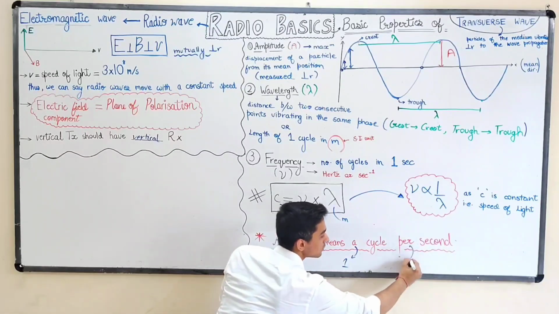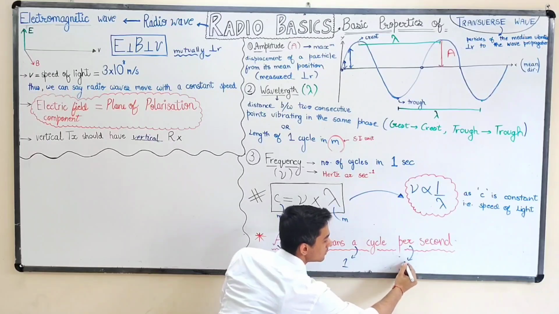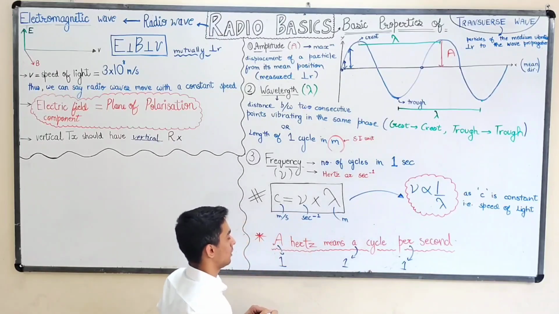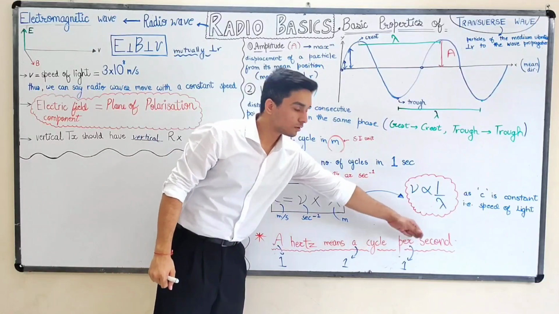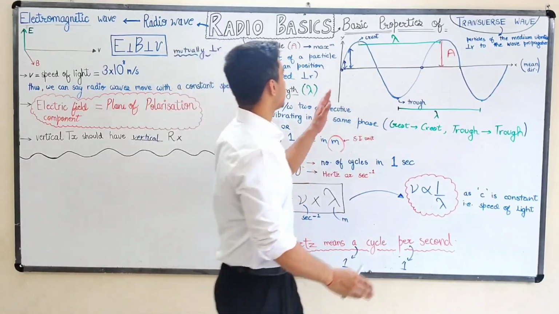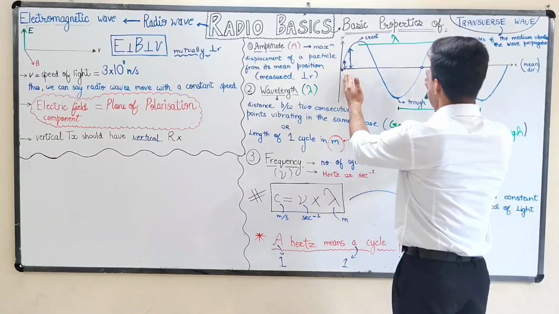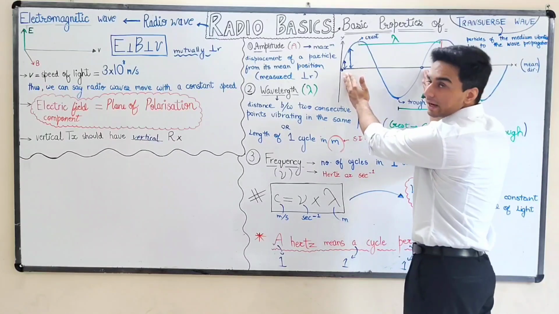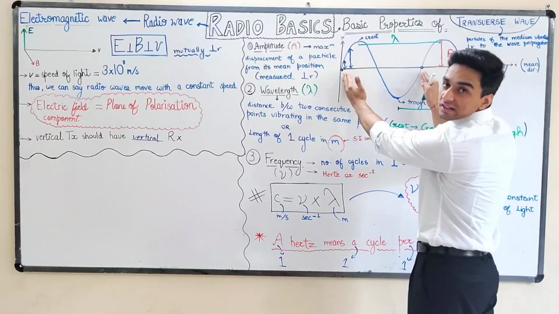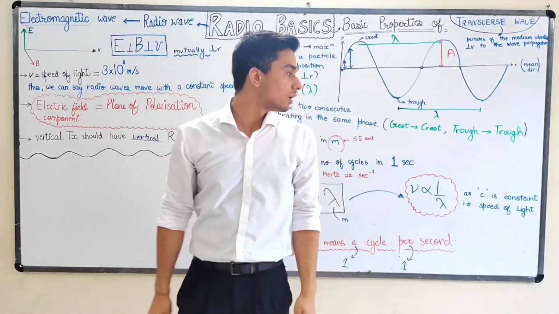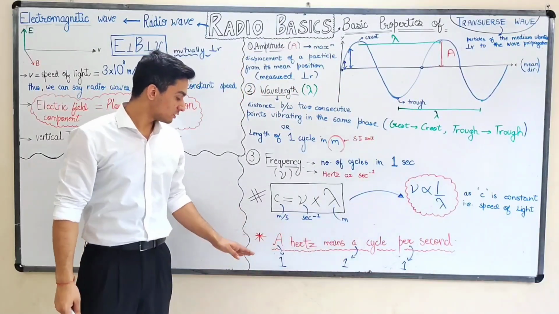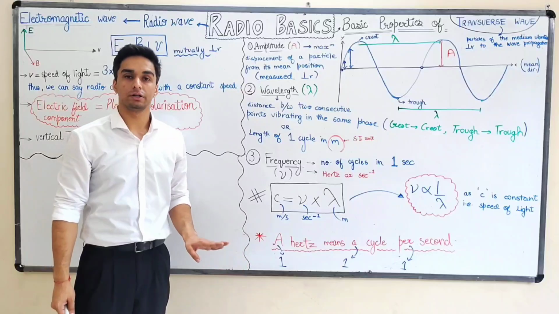Per second also means in 1 second. 1 hertz means 1 cycle in 1 second. If the time frame from this point to this point, where one complete cycle was there, is 1 second, then it is known as 1 hertz. I hope you are clear with this. Just remember this point in your tips.